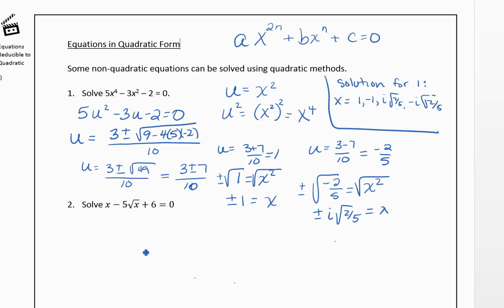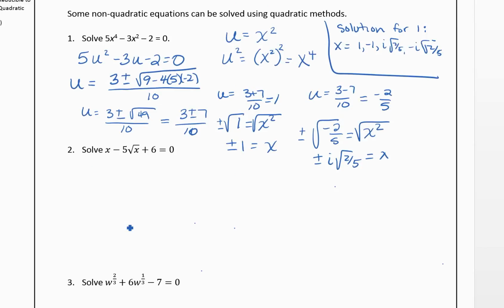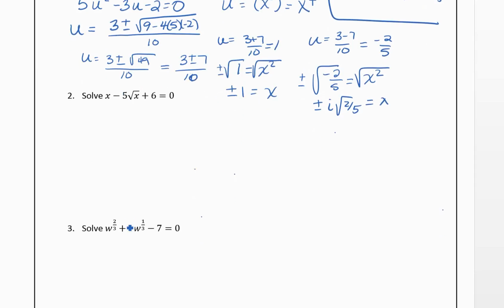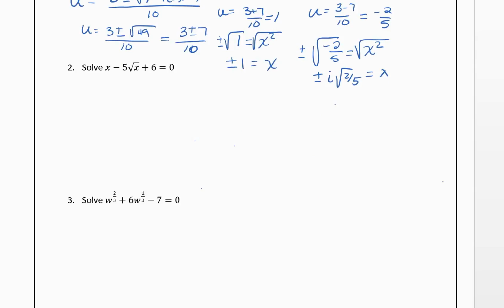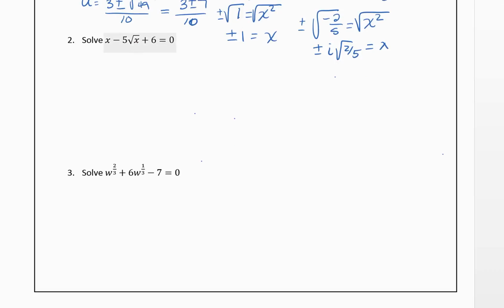Okay, so we took something that was a 4th power. It followed this pattern where the first one is double the second one, and we were able to do it that way. Okay, here we want to solve x minus 5 square root of x plus 6 equals 0. Well, the square root of x can actually be written as x to the 1/2 power. Okay, so this follows that same kind of pattern.